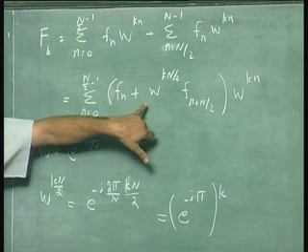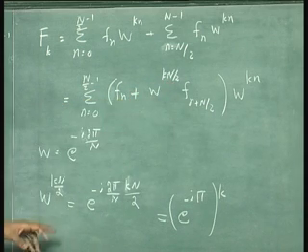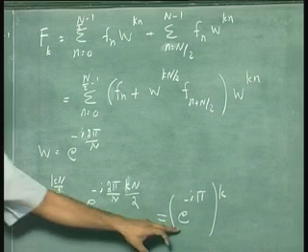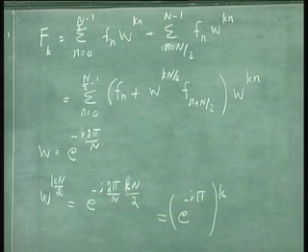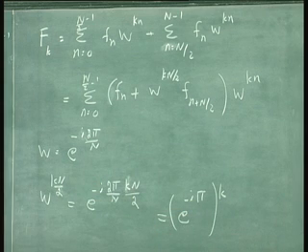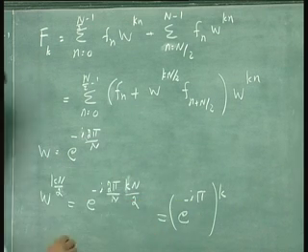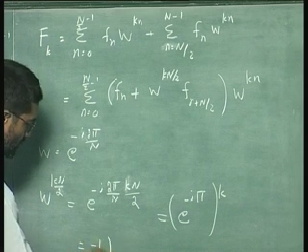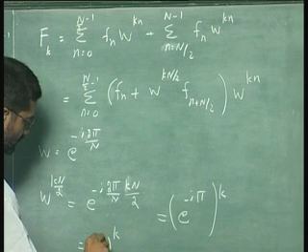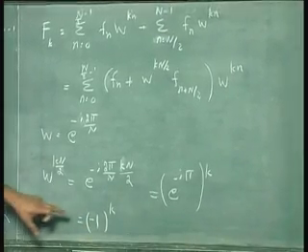But now we realize that this w to the power of kn by 2 is actually e to the power of minus i pi to the power k, and we know that e to the power of i pi is just minus 1. So what we have here is actually minus 1 to the power k. Now that's a trick.